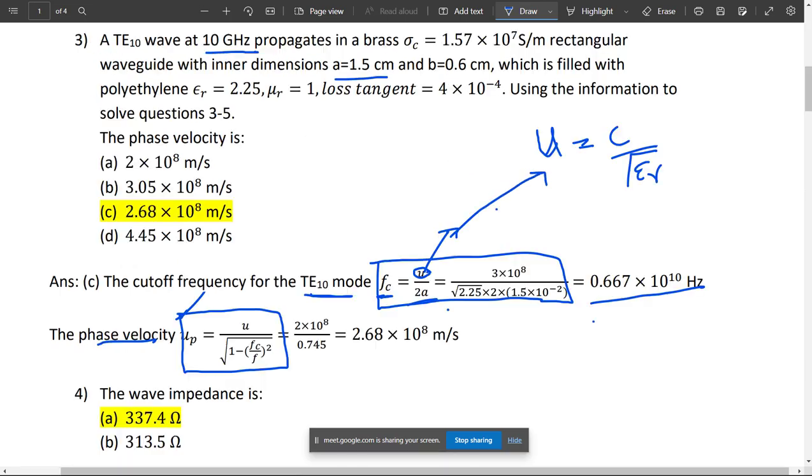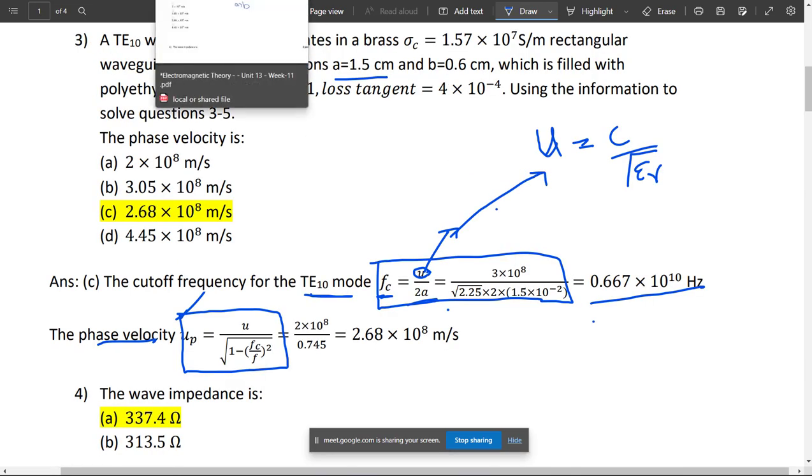Okay, so you got what phase velocity is, right? Phase velocity, understood? The wave which is propagating in a medium, its velocity we will be calling phase velocity. Now group velocity is a velocity for a packet of waves in which the waves vary.